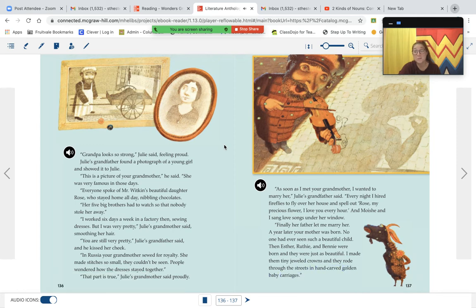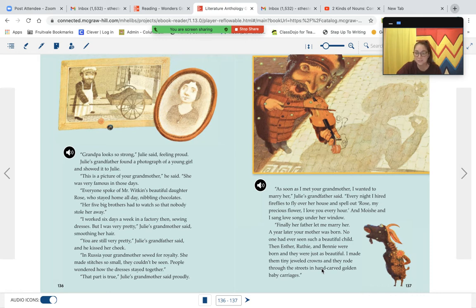Let's see, it's been a long time since I've read this story, but do you think that he could really hire fireflies to have them spell Rose, my precious flower, I love you every hour? I don't think so. I'm going to make a prediction on no. And I'm also going to make a prediction that he did not have hand-carved golden baby carriages for them either.